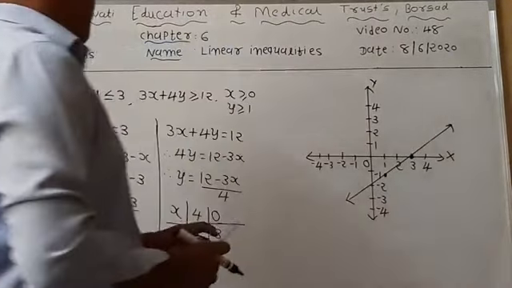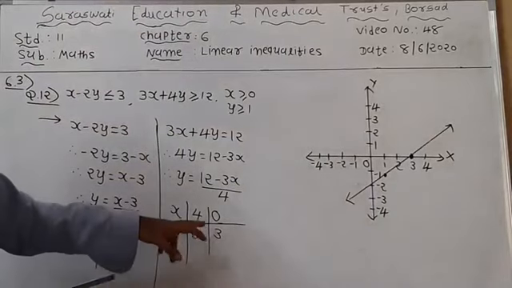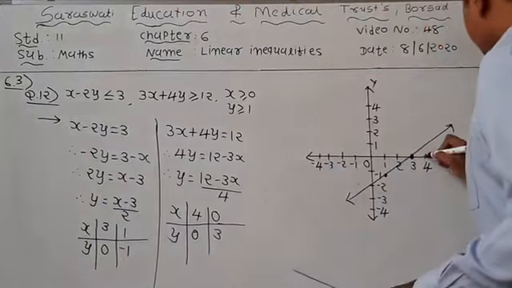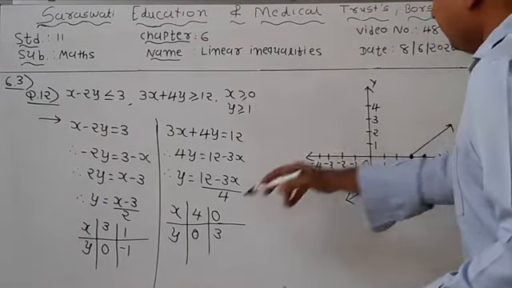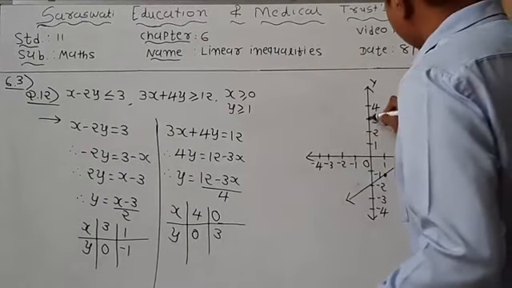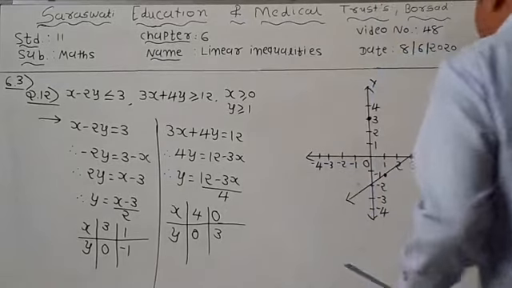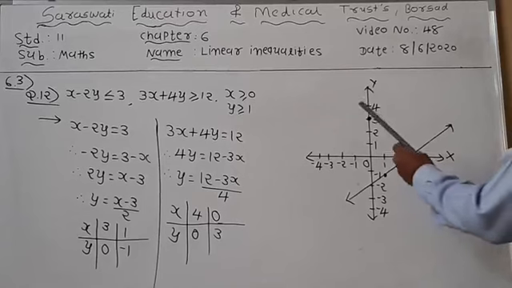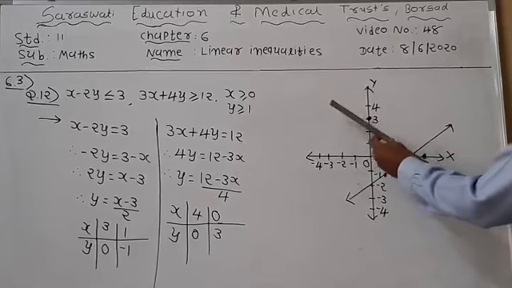Now another point, 4 0 and 0 3: x axis 4, y coordinate 0, this point is here, and y coordinate 3, x 0, this point is here. Again, here the greater than equality form is present, so we can join a dark line.